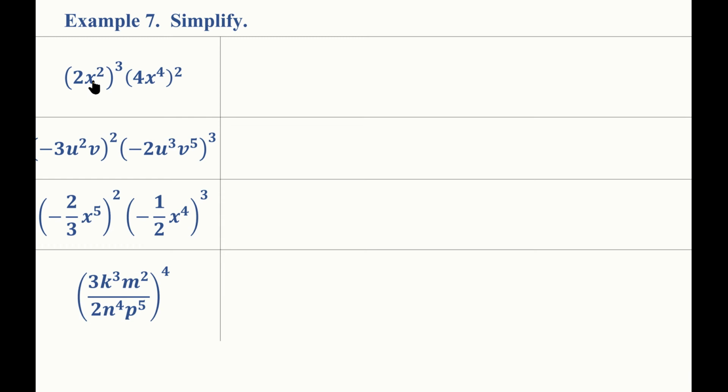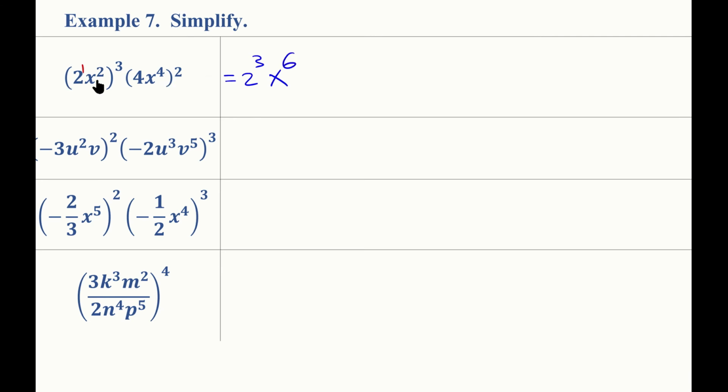So just applying the power rule in this expression, we get 2 to the power of 3. Remember, there's always an invisible 1, and when you multiply 1 times 3, you just get 3 anyway. So we end up with 2 cubed x to the power of 6.